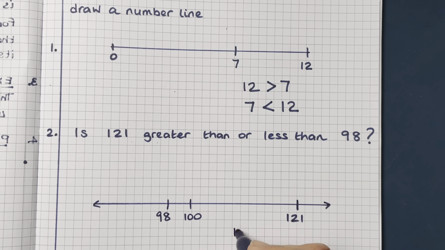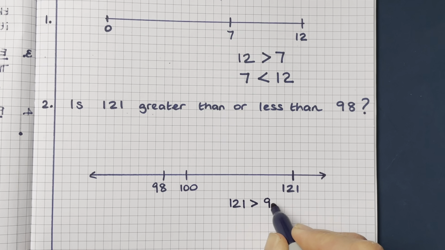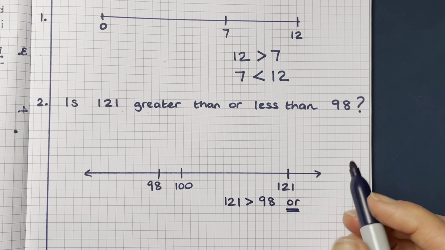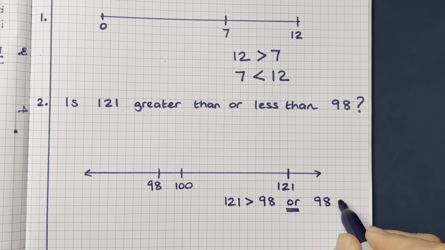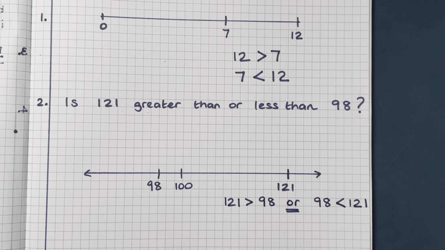Again, I can write that as 121 is greater than 98, or I can write 98 is less than 121.